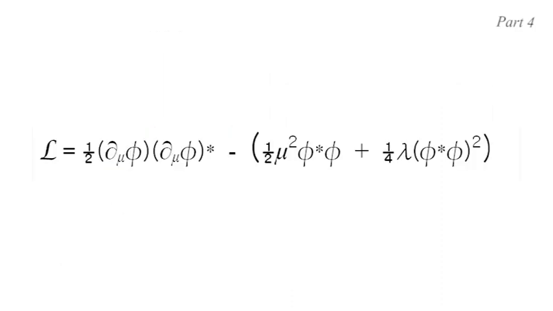You might even be able to see this from the mathematics if you look at the Lagrangian for the complex field. Whenever you have a phi on the potential side, to the right here, it's always multiplied by a phi star. So if you were to change phi to phi dashed, if you multiplied it by e to the i alpha, you'd also have to multiply phi star by e to the minus i alpha.